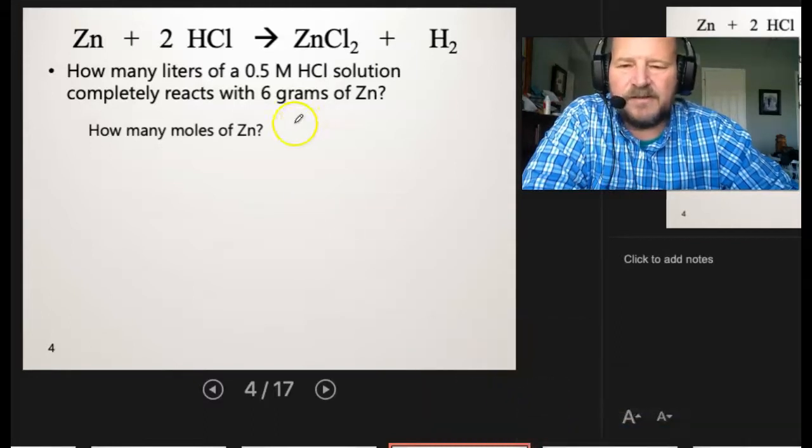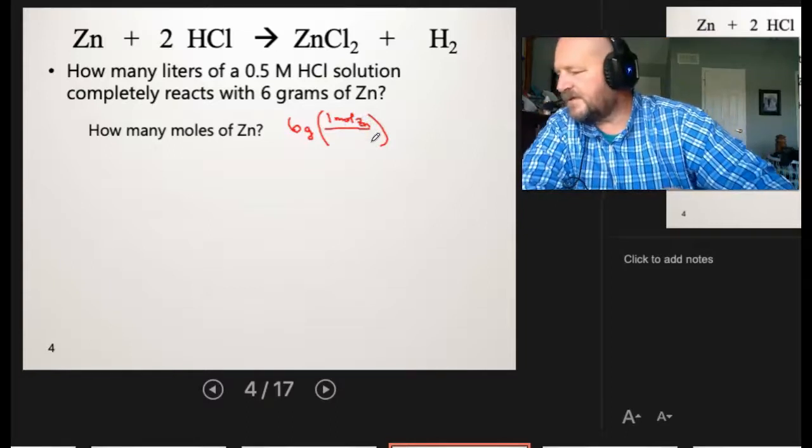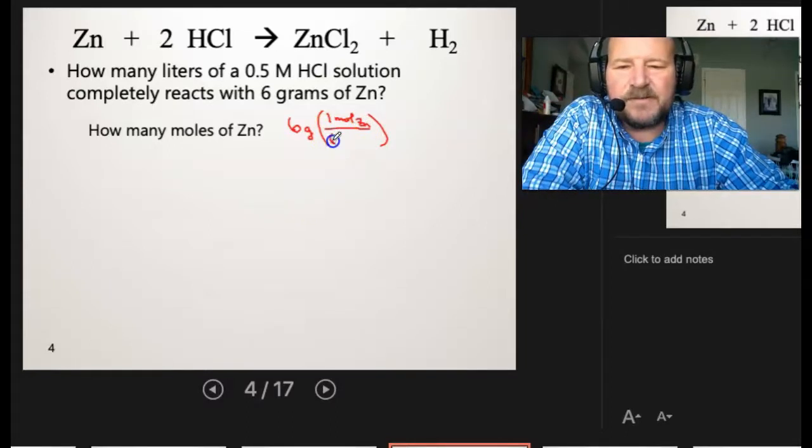All right, so we're going to take 6 grams of zinc. We're going to go to our handy dandy periodic table. 1 mole of zinc is 65.38 grams.